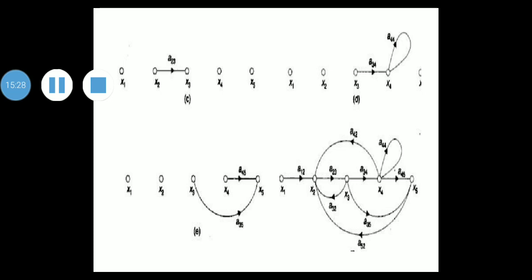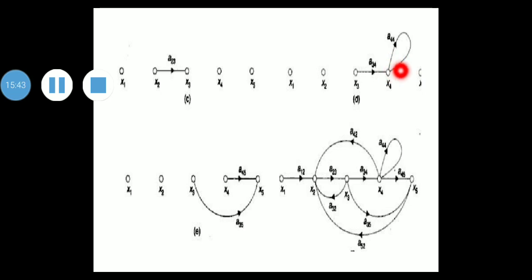The second equation is x3 is equal to a23 x2. So this is a23 x2. Then the next equation, x4 is a34 x3 plus a44 x4.